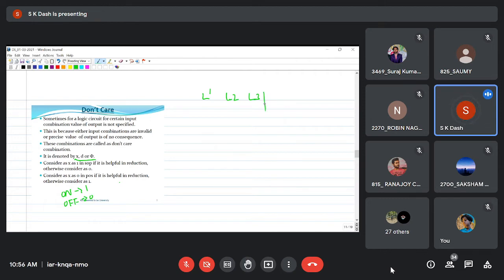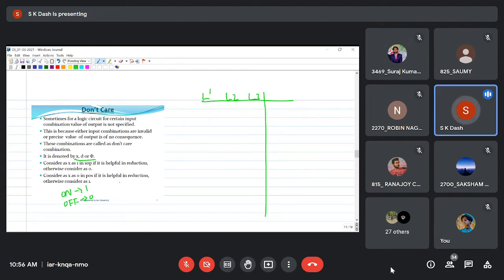Now these are my three inputs, L1, L2, L3. How many possible combinations are there? 8 possibilities.